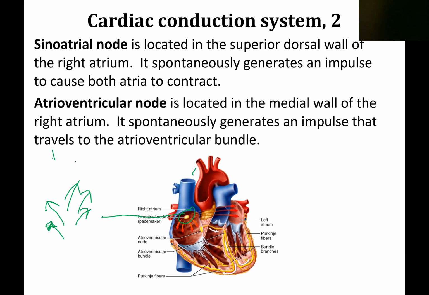The pacemaker can either completely replace the sinoatrial node, or it can help the sinoatrial node, meaning that there's a sensor. If there's no electrical activity within a certain amount of time, then the artificial pacemaker is going to send out an impulse. If the sinoatrial node does send out an impulse, then the artificial pacemaker doesn't.